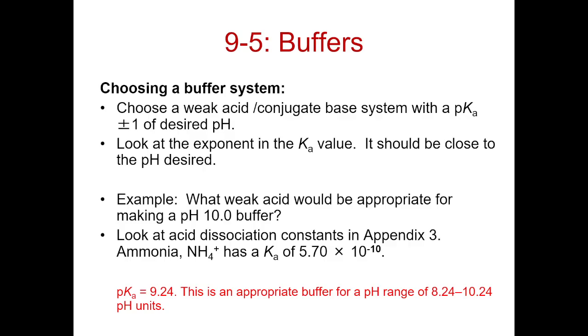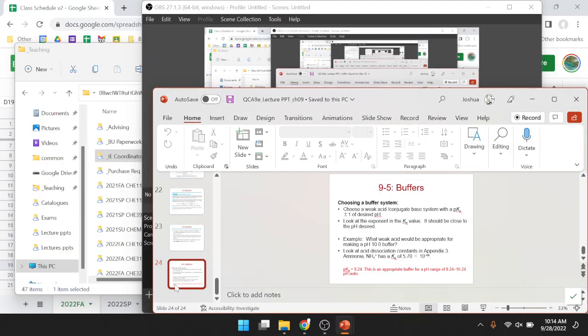Anybody know how you would make this buffer system? No? Okay, you could use ammonium chloride with a little bit of ammonia, which is NH4OH, right? You can mix those together, ammonium chloride and ammonium hydroxide.